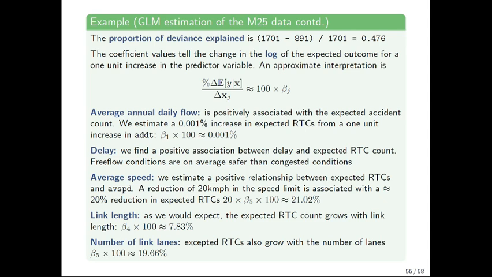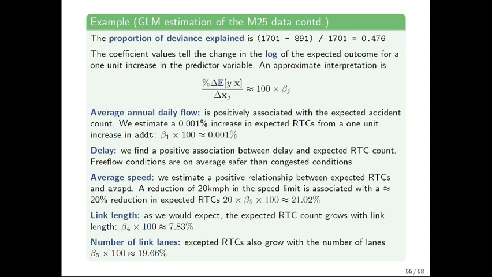For the coefficients, the log link means each coefficient tells us the change in the log of the expected outcome for a 1 unit increase in the predictor. An approximate interpretation we can make is that 100 times beta j gives the percentage change in the expected count per unit change in x j. So the Poisson model has quite a convenient interpretation.